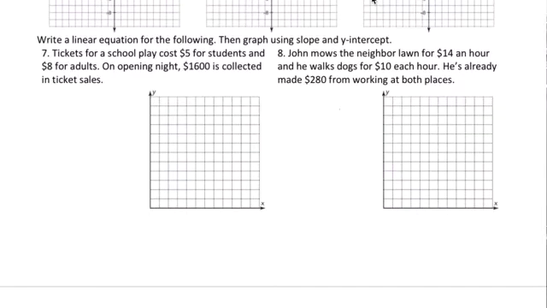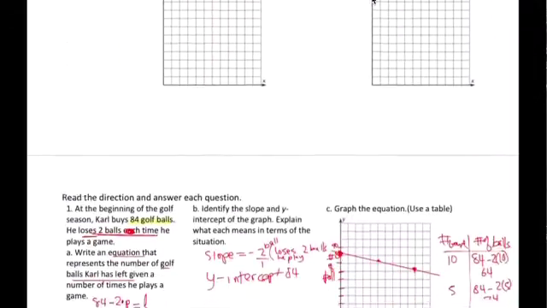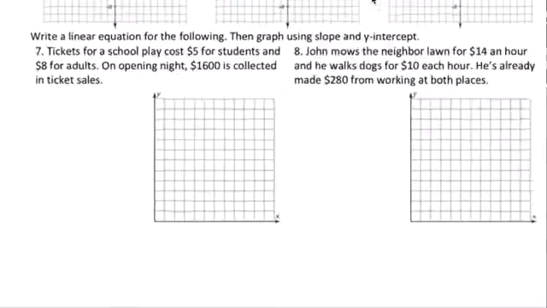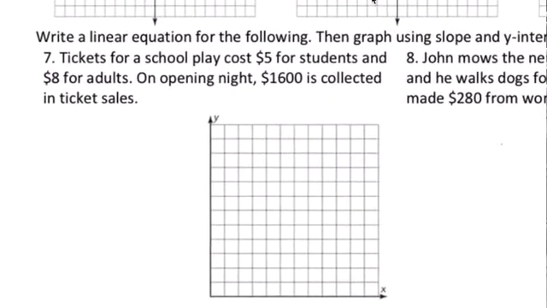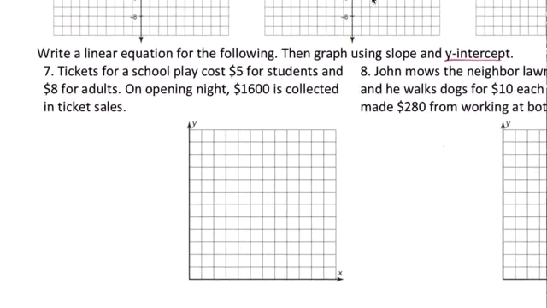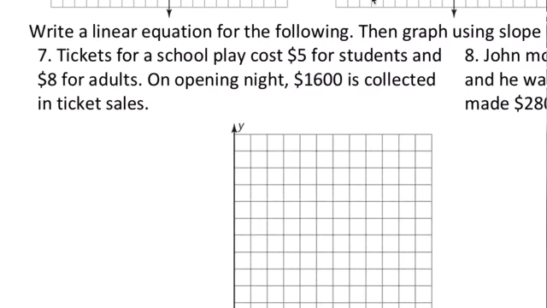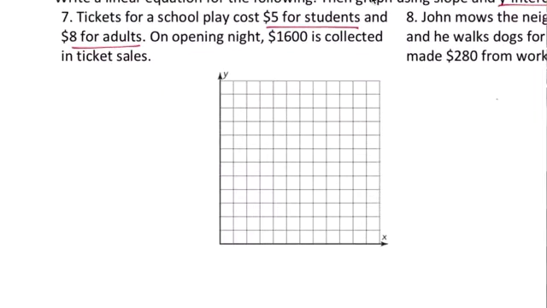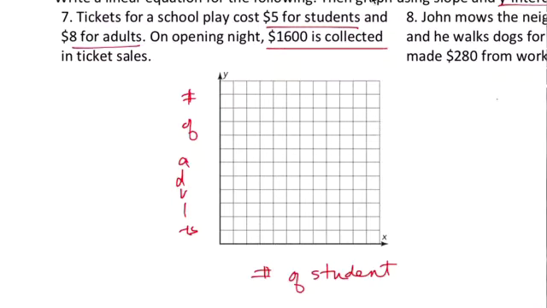And then this one is like the other video that I videotaped for this one, okay? So watch that. No, write a linear equation, then graph using slope and y-intercept. Okay, so tickets for the school play cost $5 for students and $8 for adults. So this is number of students' tickets. This is number of adult tickets. Opening night, they collect this much.